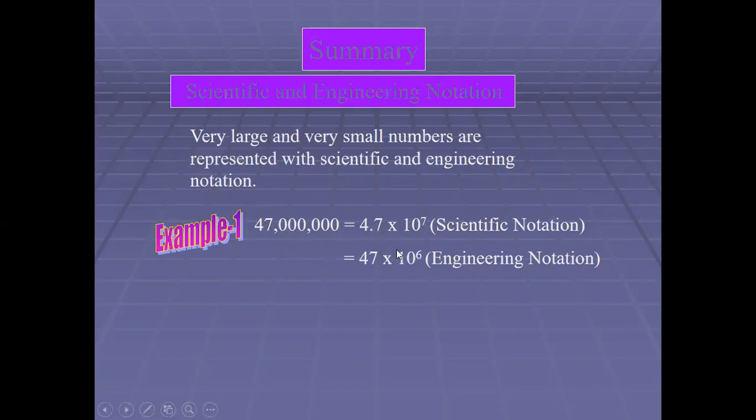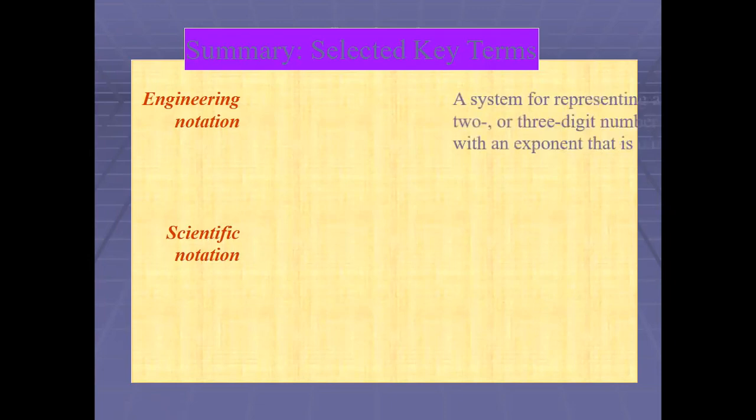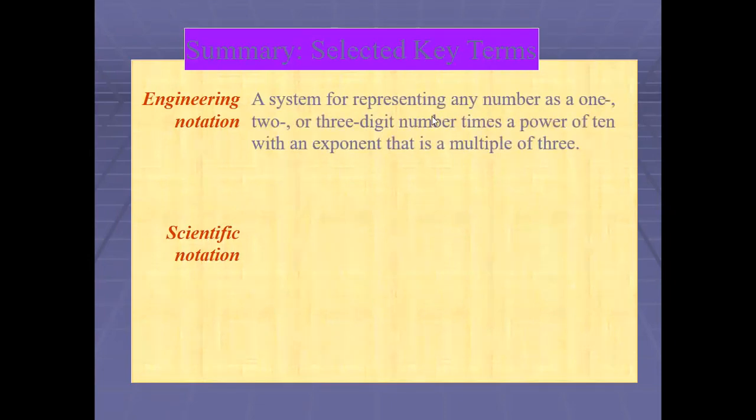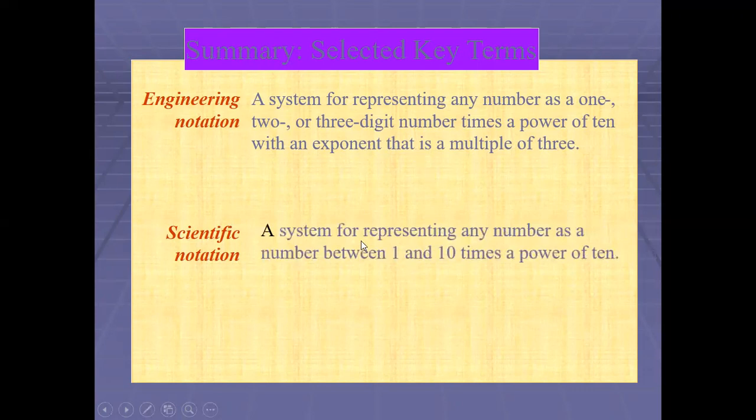If we write like that, this is engineering. How can we know that this is the scientific notation? In engineering notation, the number will be a 1, 2 or 3 digit number, then 10 to the power. In scientific notation, the number should be between 1 and 10, and then 10 to the power.